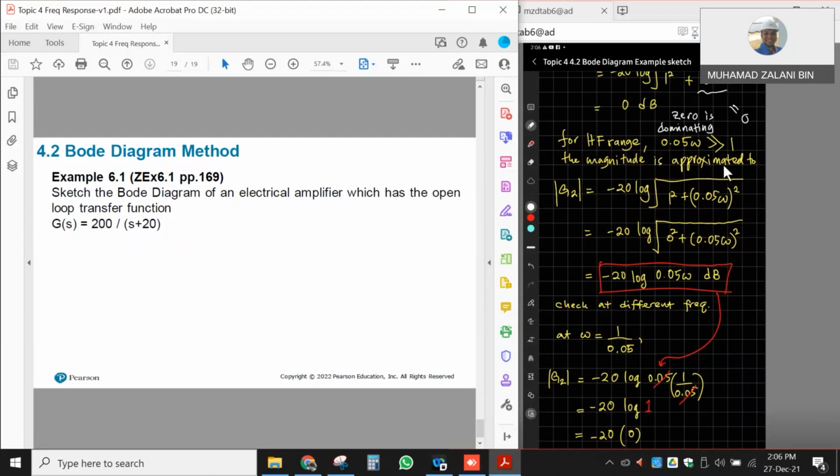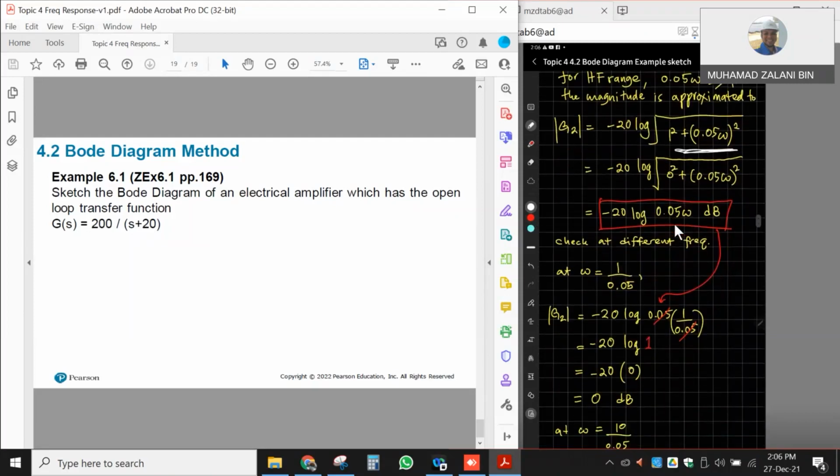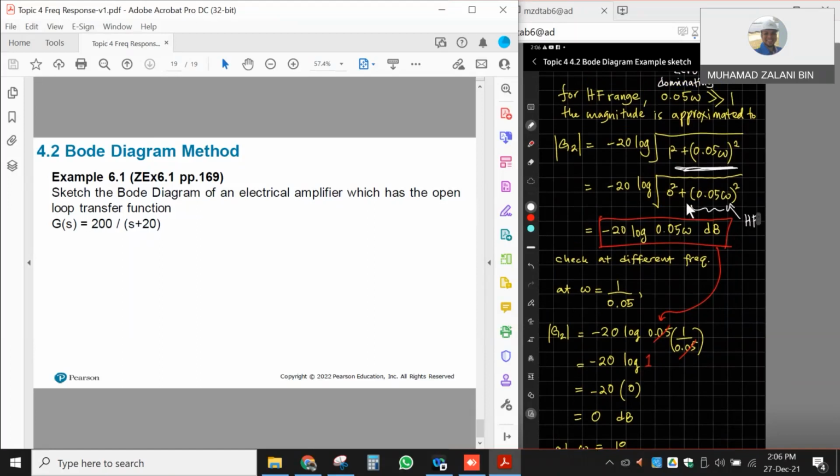The magnitude is approximate to G2 equals to -20 log this part. Omega is high frequency, meaning that, for example, omega equals 1 million, or 10,000. At high frequency range, we can expect that this part will be dominating.